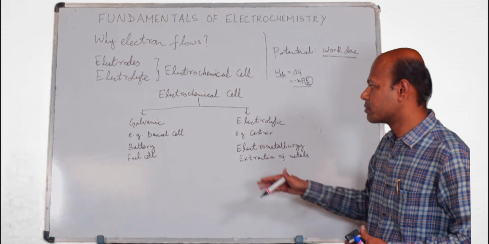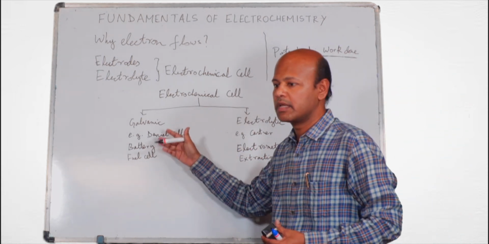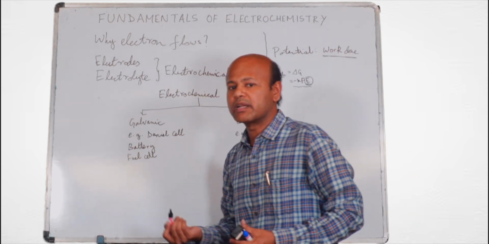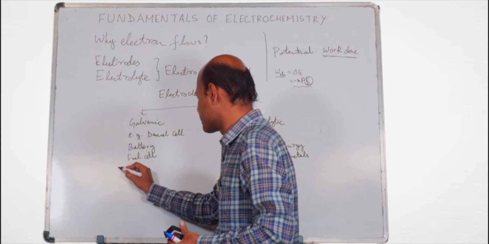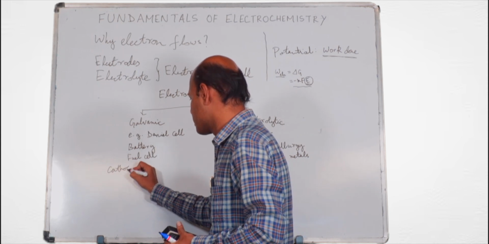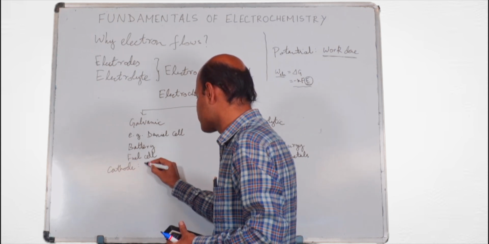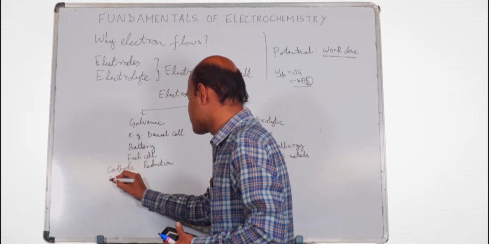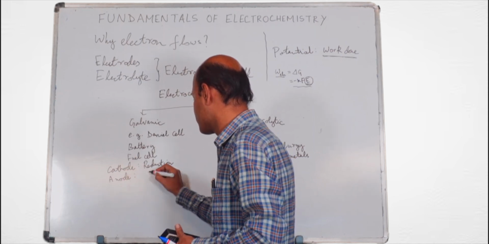So we'll discuss more on this galvanic cell. First we'll discuss the electrochemical reaction, which we have already stated. Here cathode means reduction occurs, reduction reaction, and anode means oxidation reaction will happen, oxidation.